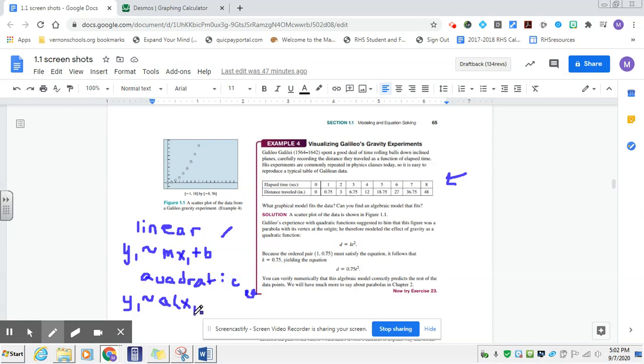However, that's not really what your book is doing, and a lot of the questions in your book are based on vertex form, so I'm going to show you how to put the vertex form in Desmos rather than show you how it would look in standard form. Okay, so that should be okay. So this is your regression and what you would type in Desmos if you wanted to see if it was a quadratic. Okay, that's your vertex form.